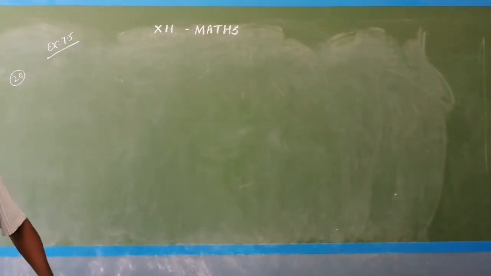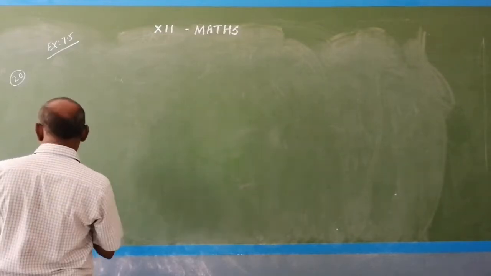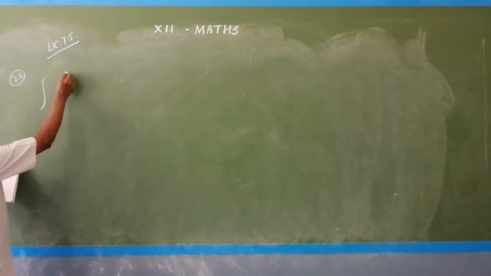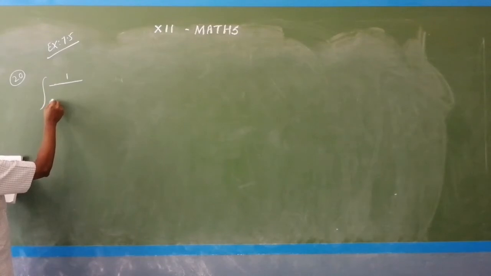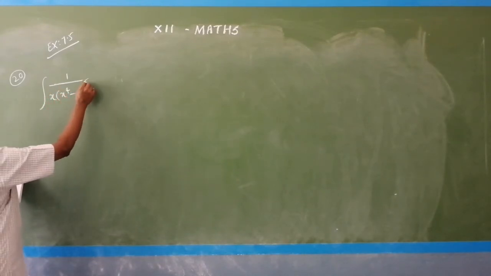Now let us solve problem 20. In the 20th problem, given 1 by x into (x power 4 minus 1) dx.